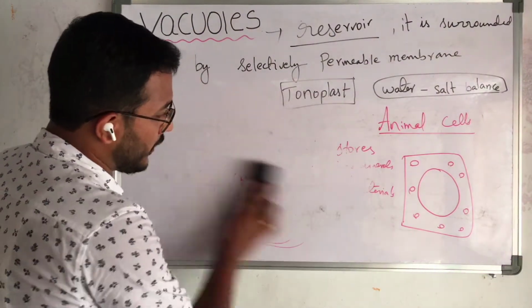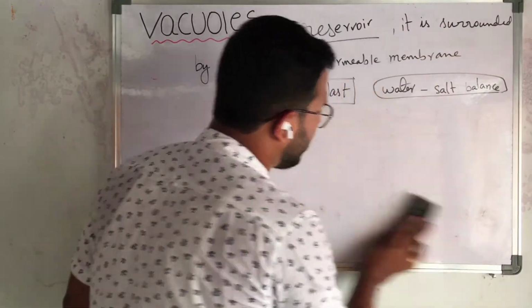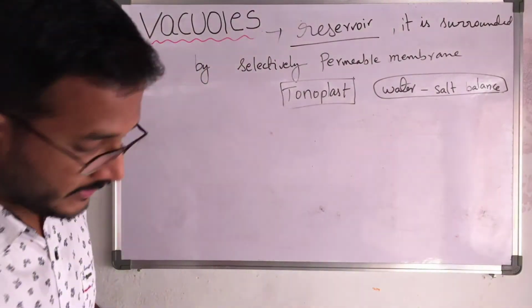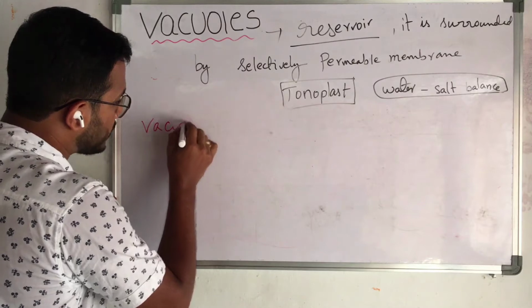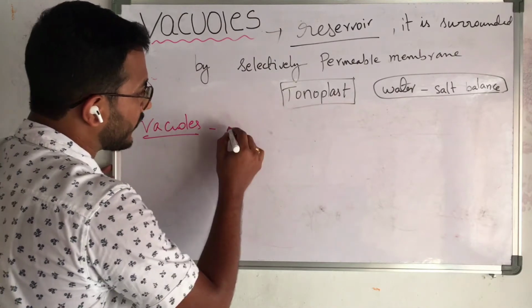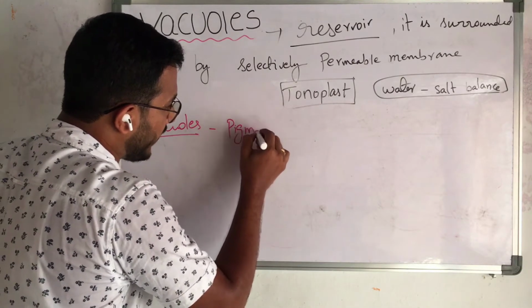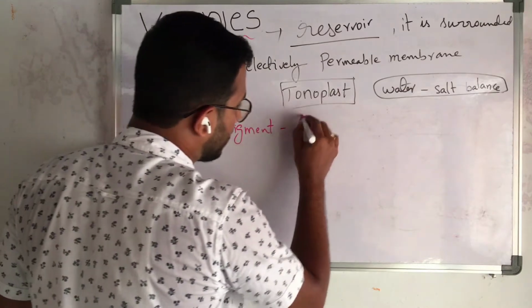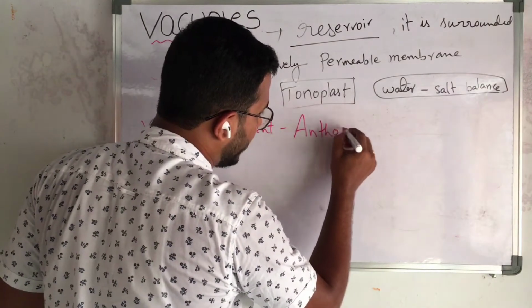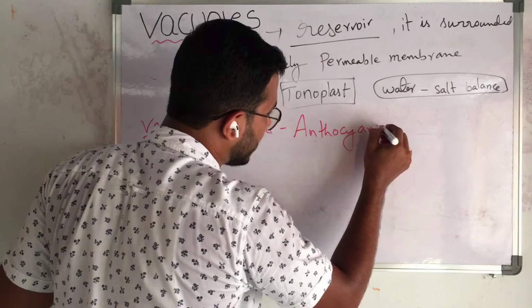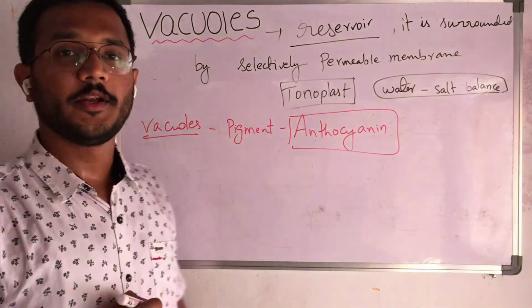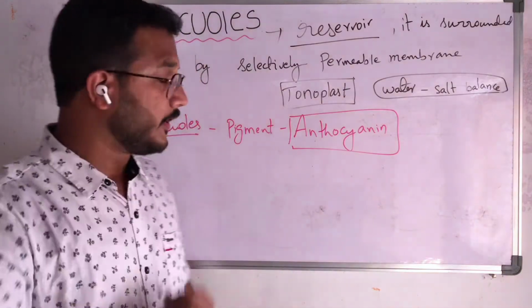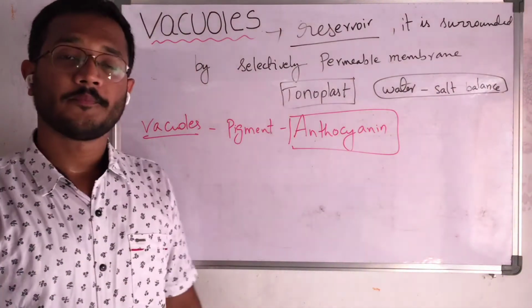And now one more important point with respect to the NEET exam. They will ask that the vacuoles store some type of pigment. So that pigment is anthocyanin. So this may be an important question from the NEET point of view. Okay, so here what happened?